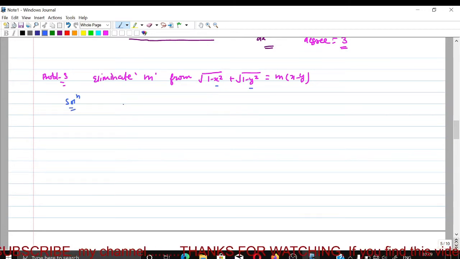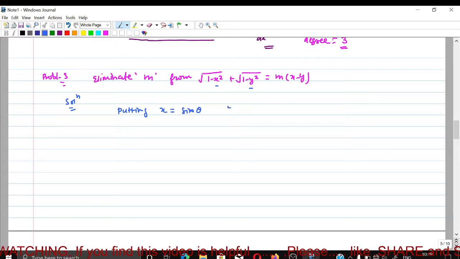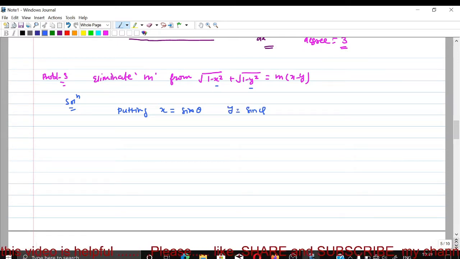I am putting x equal to sine theta and y equal to sine phi, because it makes the differentiation easier.